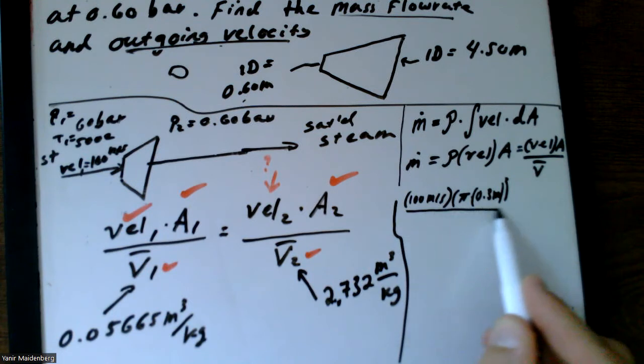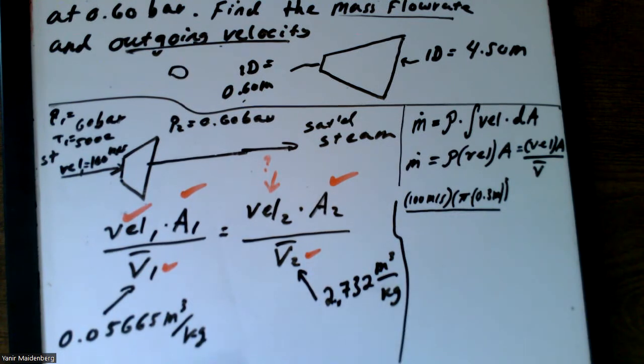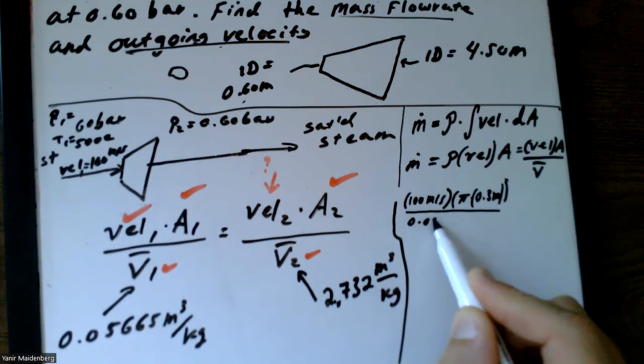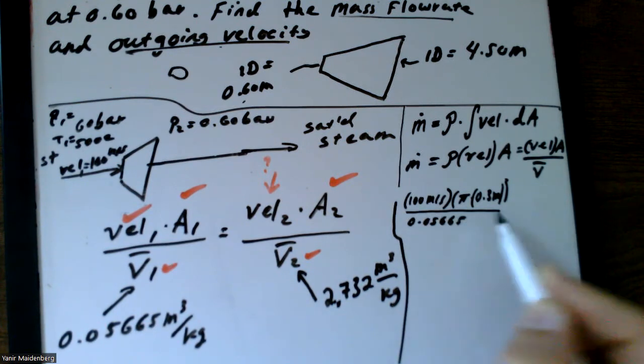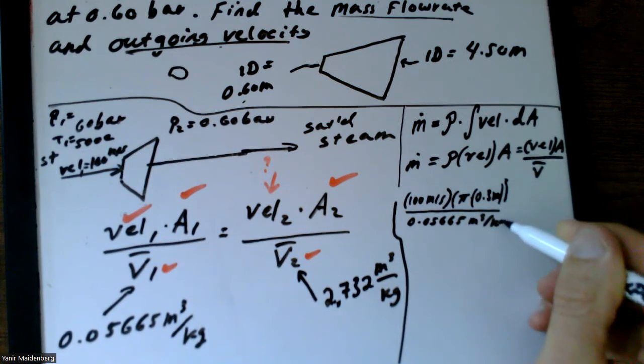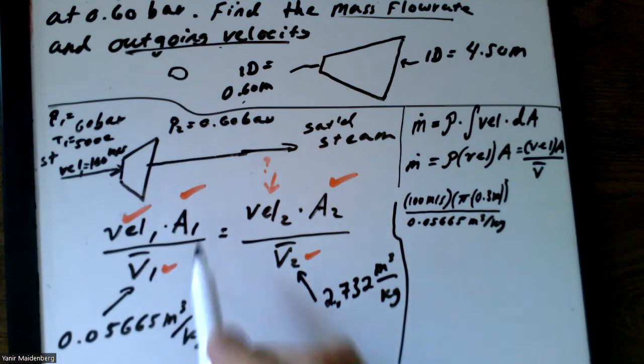And this entire thing is divided by this thing, 0.05665 meters cubed per kilogram. Okay, that just took care of this left-hand side of the equation.